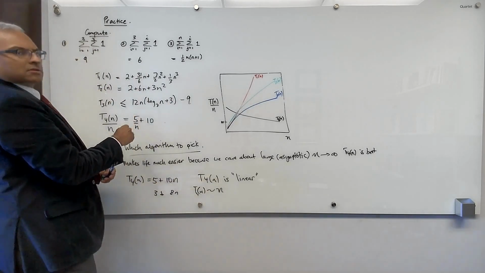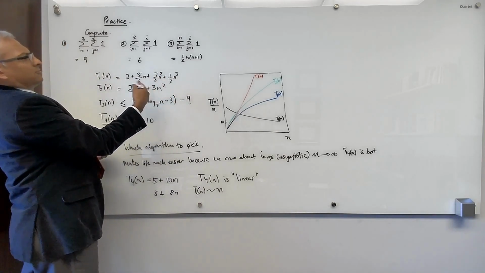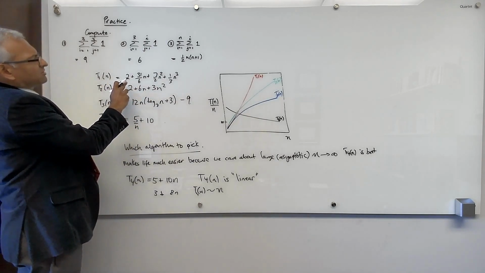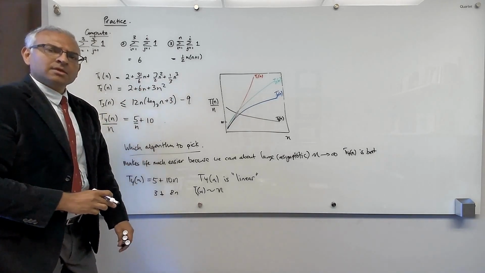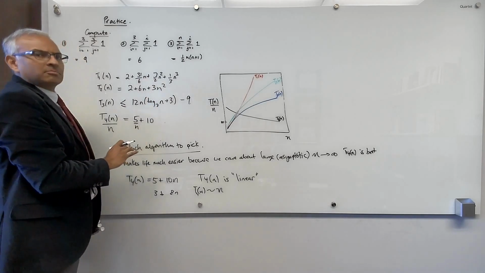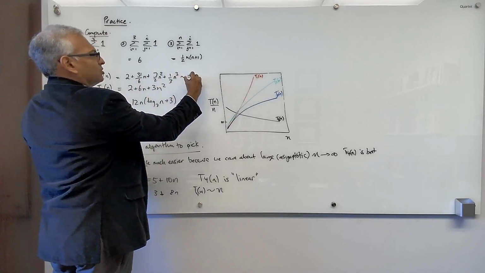And correspondingly, T1 of n, if you ignore constants, is basically n plus n squared plus n cubed. And we'll soon see that we can even ignore these small terms, because the essence of the algorithm is captured by the n cubed term. So we say this guy is n cubed.